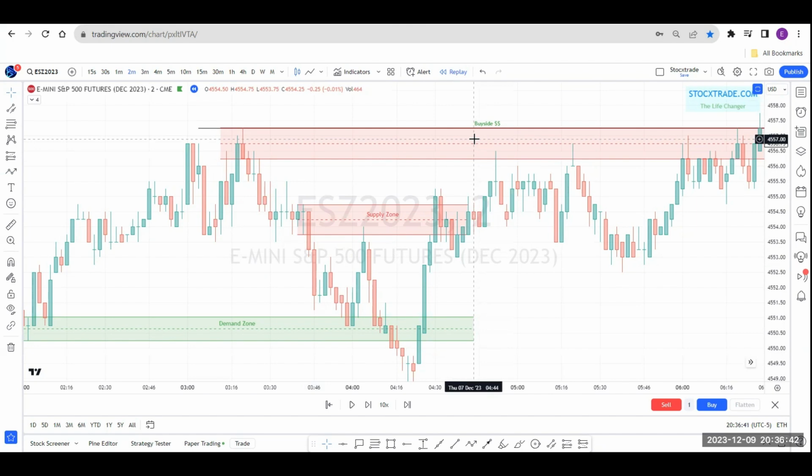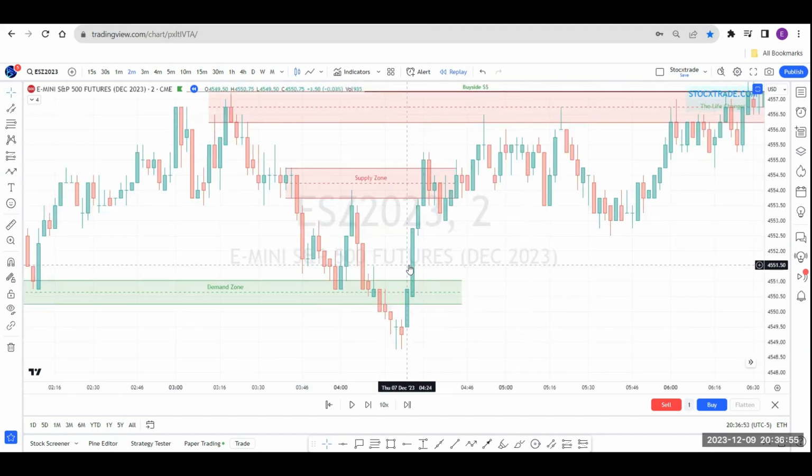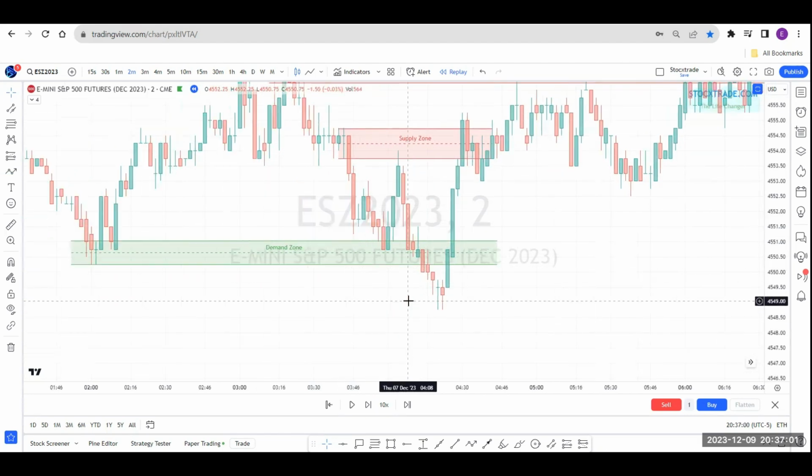So, bhai, I have a question for you. The third time at 416, we see those red candles where it had the change of character. It went down below the demand zone, yes, right here, and then it went up from the demand zone.